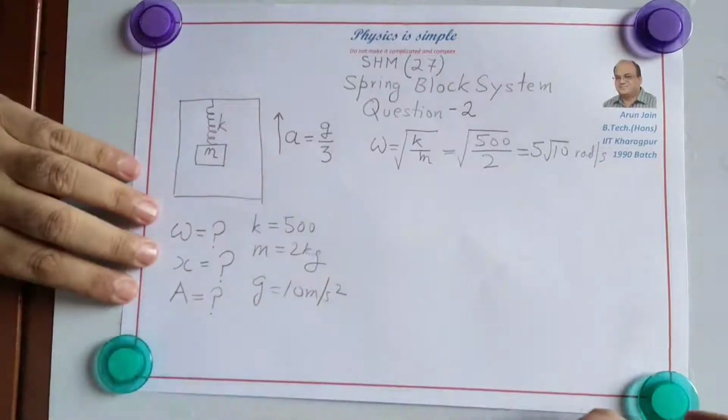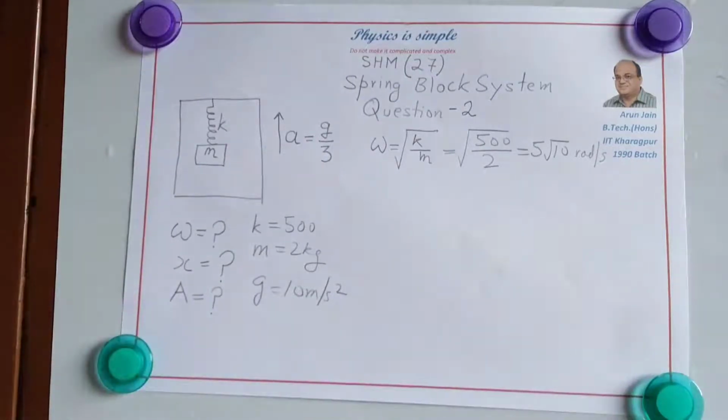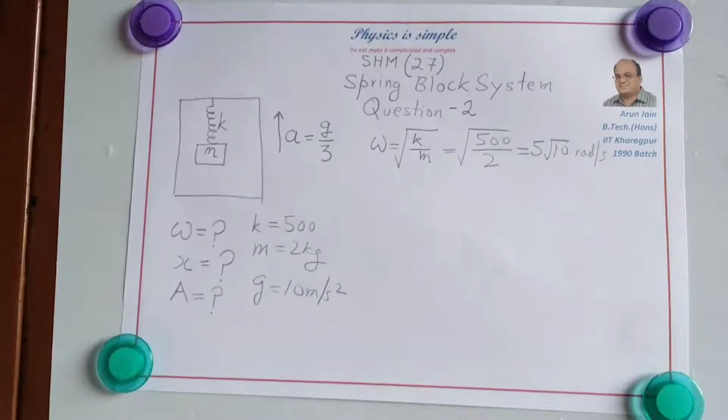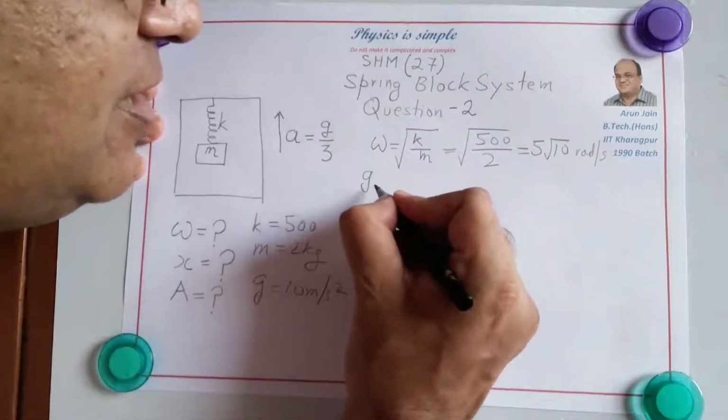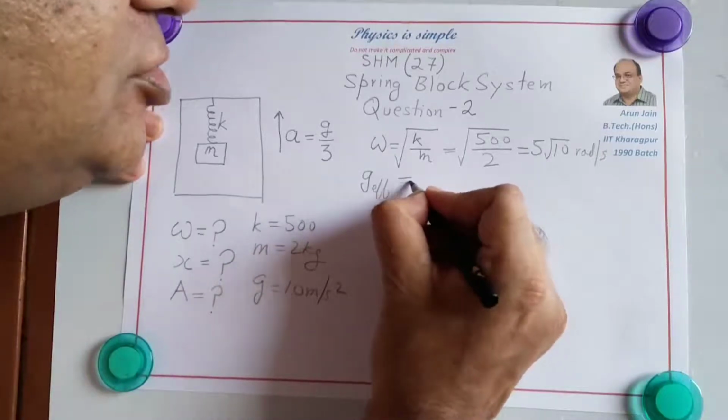Now when the lift is accelerating upwards, pseudo force will act downwards in the frame of reference of the lift. And g effective therefore will become g plus a.